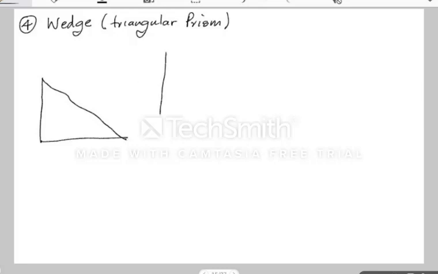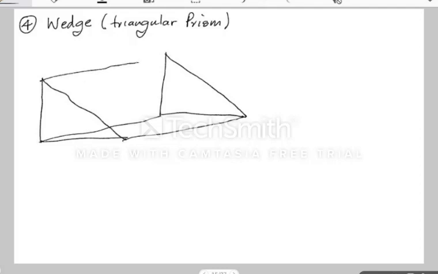Try and draw another right angle triangle identical to the first, but maybe just a little higher, and then connect corresponding ends. So this is what a wedge would look like, and another name for a wedge is a triangular prism. Let's try and make it a little neater.